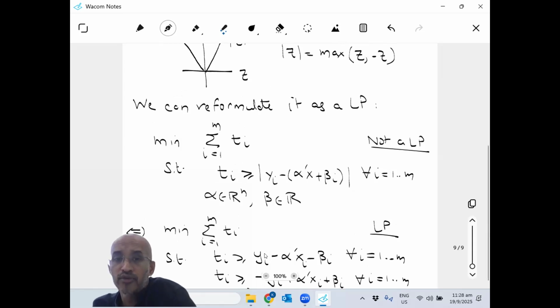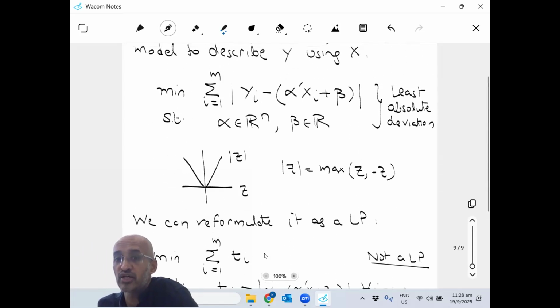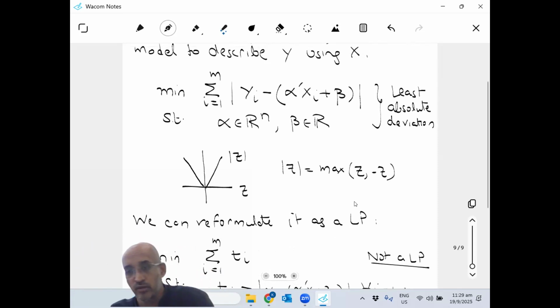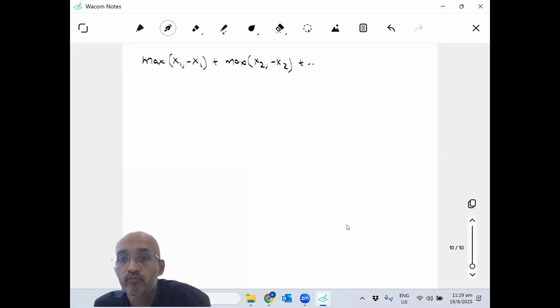Now there is a slightly less sensible way of writing this problem out. If you think about this sum of absolute values, you take every possible combination of it being positive or negative. So what I mean by that is, if I give you something like this, max of x1, minus x1, plus max of x2, minus x2, if these are numbers.